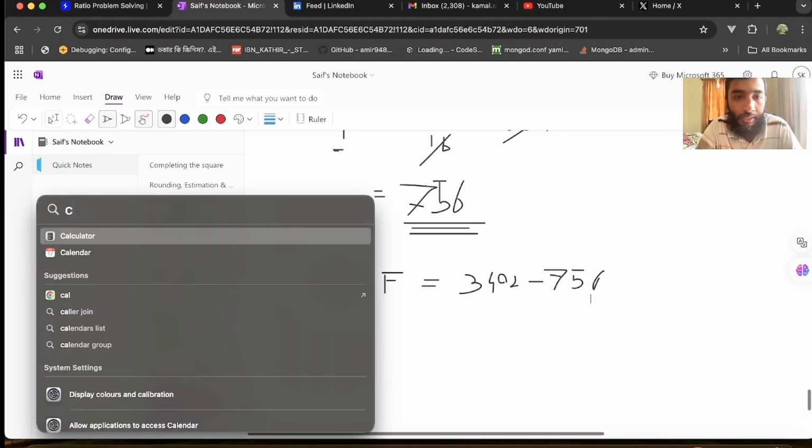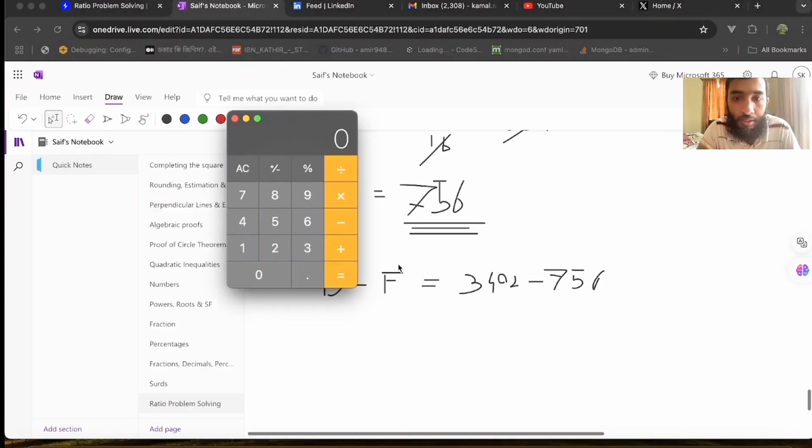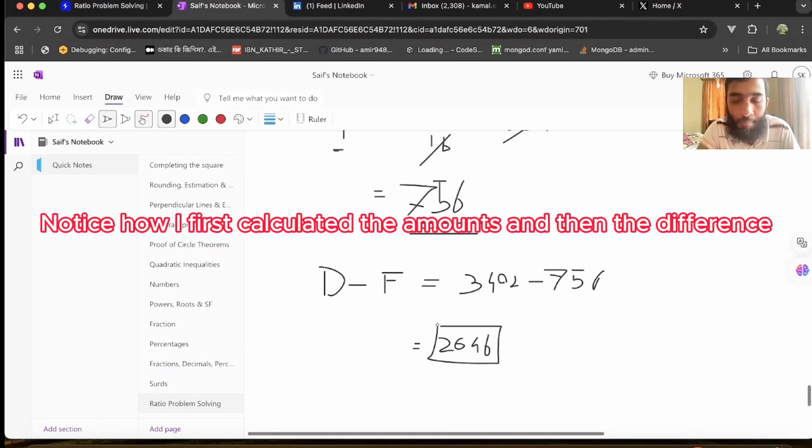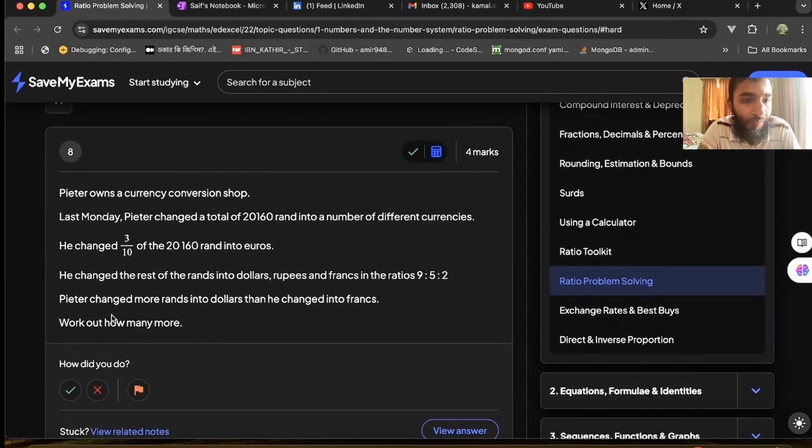If I use the calculator, 3402 minus 756 is 2646. So 2646 is the difference between dollar conversion and franc conversion that was required in the problem.